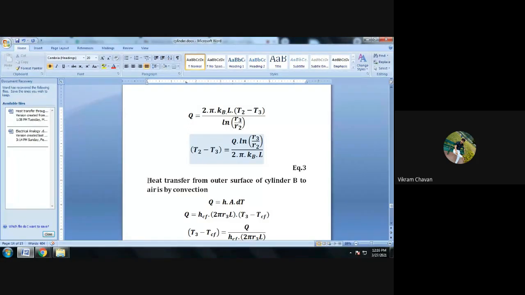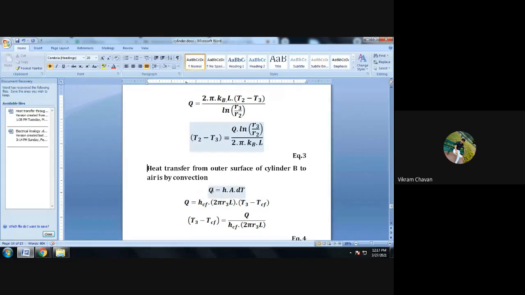Outer surface से air को heat जो transfer हो रही है वो convection mode से होगी, because heat is transferring from the surface to the fluid, so we have to consider that heat transfer as convection. In general, Newton's law of cooling, we can write as Q is equal to H multiplied by A multiplied by dT.